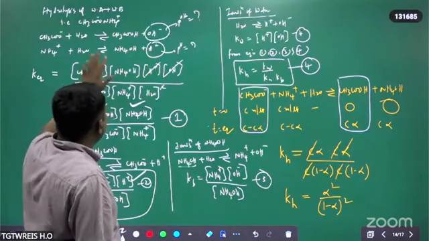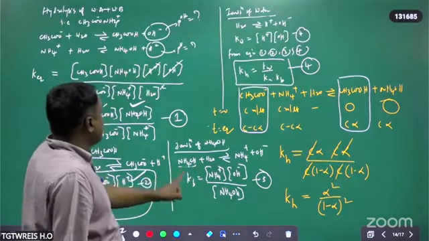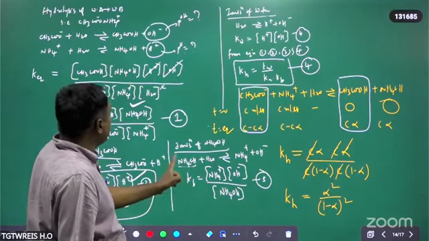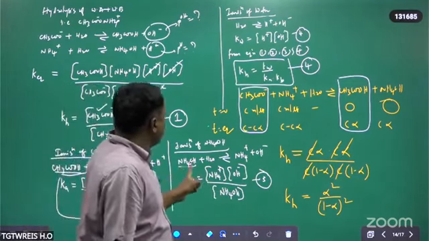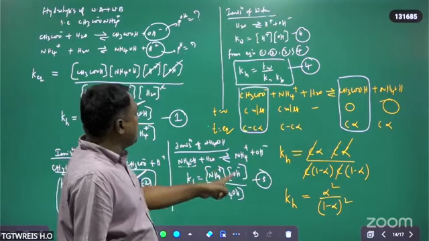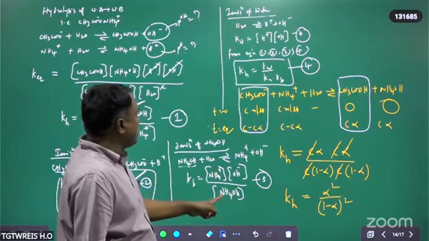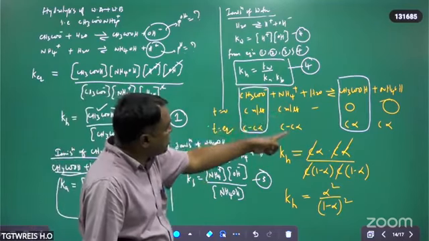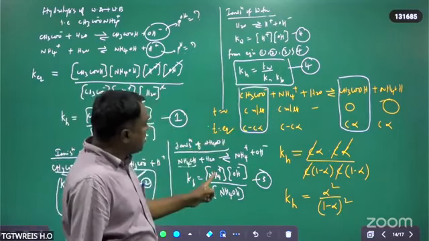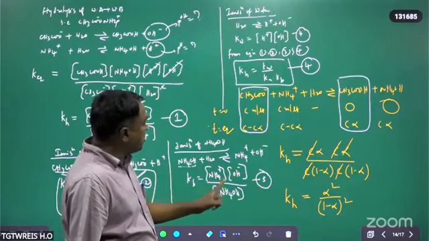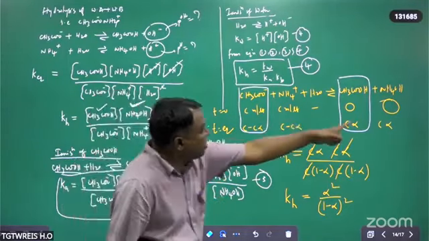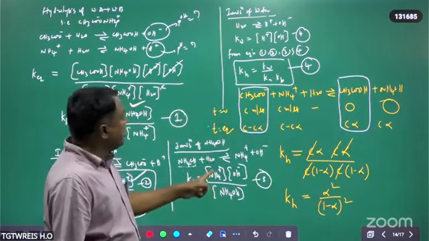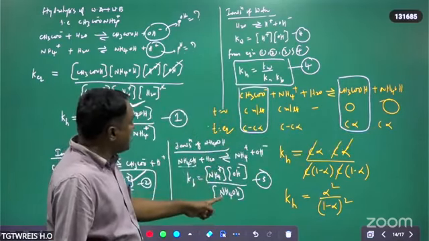So Kb is equal to NH4 plus into OH minus ion by square bracket NH4OH. NH4 plus is C minus C alpha, and NH4OH is C alpha. This is Kb.